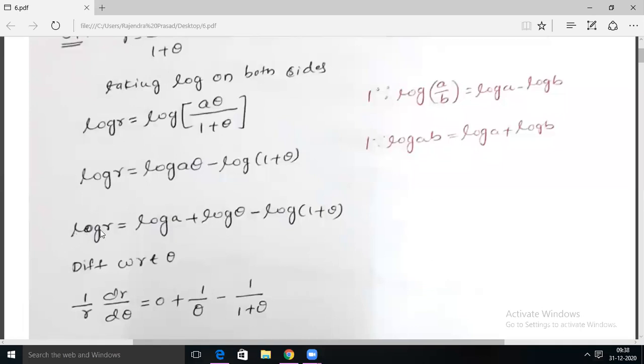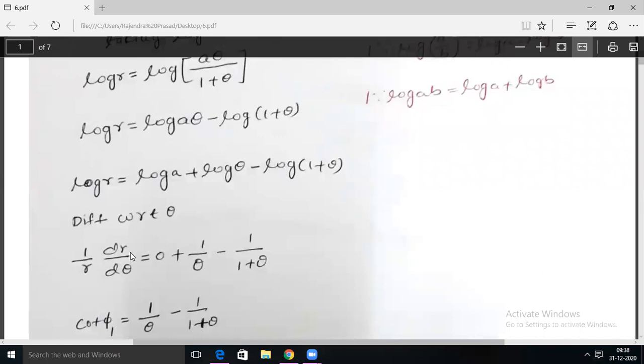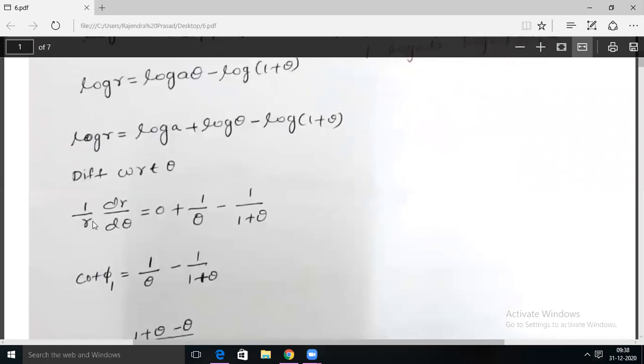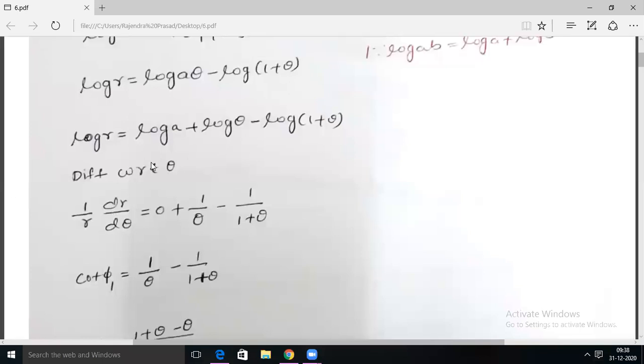Log r differentiation is 1 by r into dr by d theta, which is equal to the differentiation of the right side with respect to theta. Log a is constant here, and the differentiation of a constant is 0, so the differentiation of log a is 0.